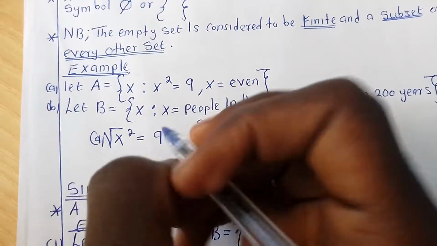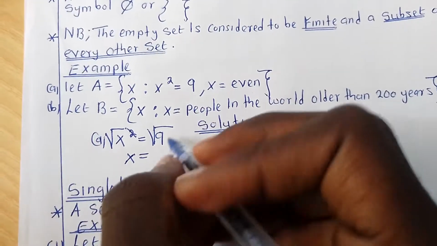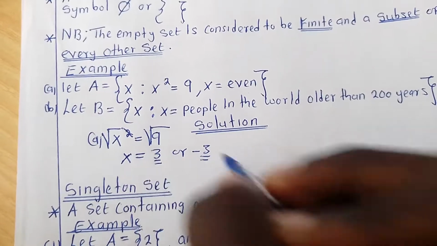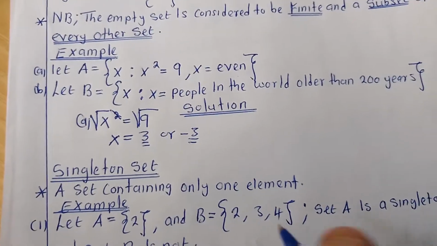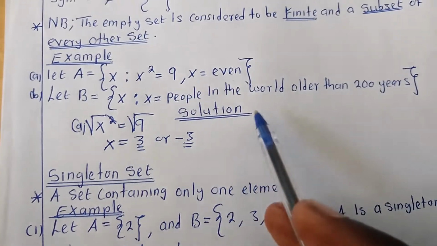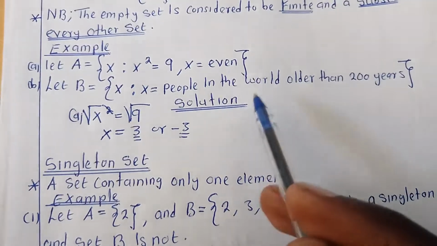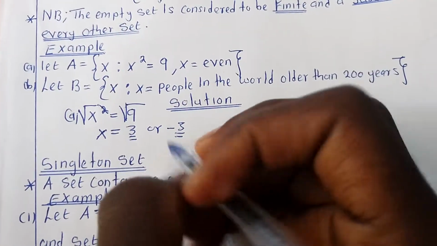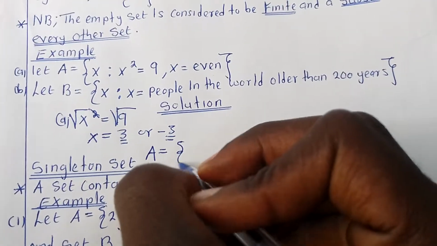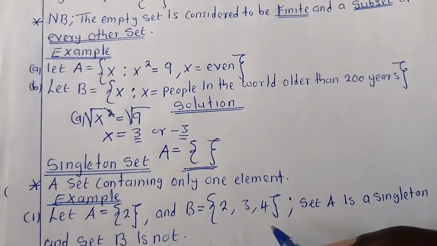If I was to find the square root of this, I would discover that my answer is going to be 3 or -3. But then the condition is that x must be an even number. Because x is not an even number, I will simply say that the set A, by definition, is simply an empty set. Like this.